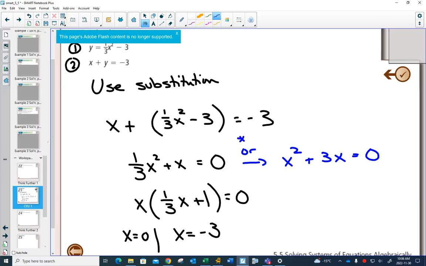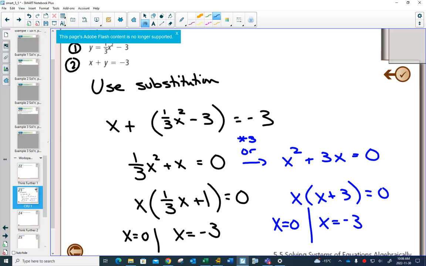Maybe I'll put a little multiply by 3 right above that OR button to remind you that that's what we did. The factoring would be the same. You still have a common factor of x. You'd still split it up and get x is 0. Is this one easier for you to see that x is equal to negative 3?